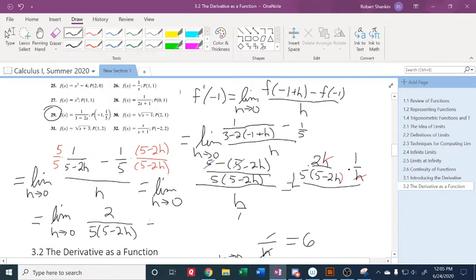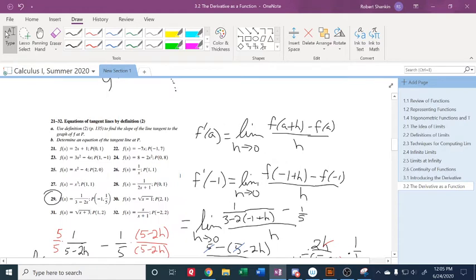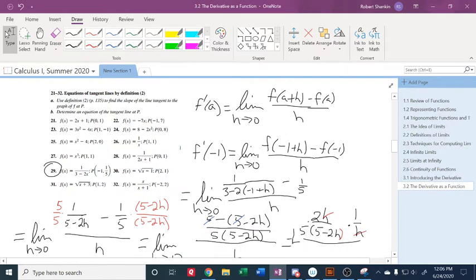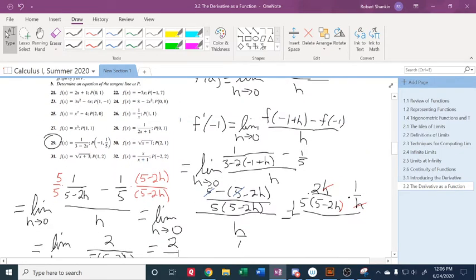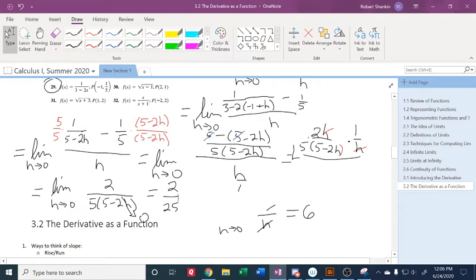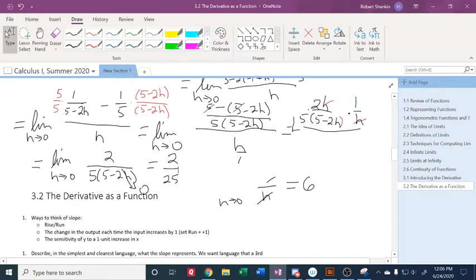And then as h goes to 0, I get 2 over 25. And that's the slope of the tangent line, and then you still have to determine the equation of the tangent line. You have the slope, you have a point, use the point slope formula. So that's number 29.